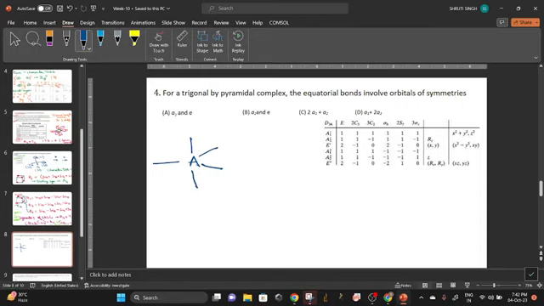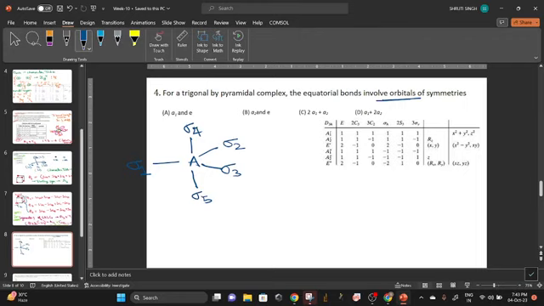So we have to consider the equatorial bond. Let's say this is sigma 1, sigma 2, sigma 3. I'm writing sigma because they want the symmetry of orbitals. Let's name the others sigma 4, sigma 5.